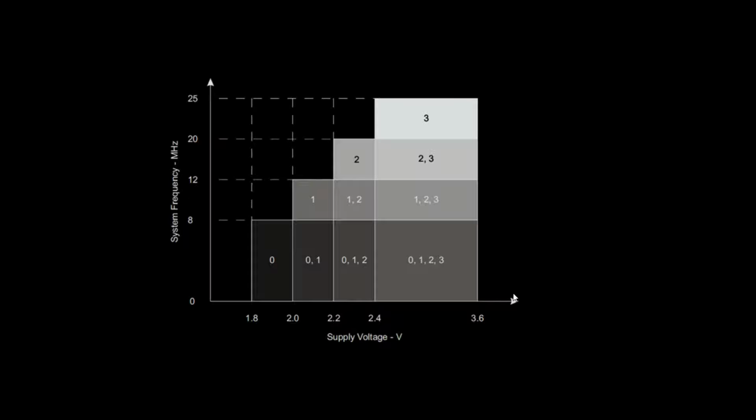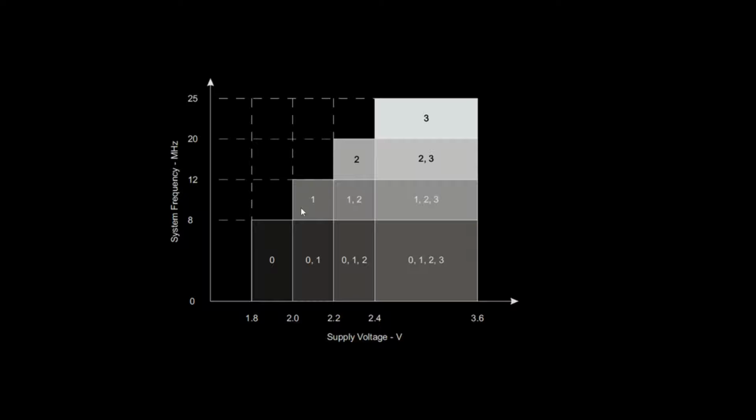So in the supply voltage range of the microcontroller, here I'm plotting the system frequency in megahertz and the supply voltage of the microcontroller. And there are different modes of operation. Let's say if the supply voltage is not enough, we cannot run the system as fast as the datasheet says.